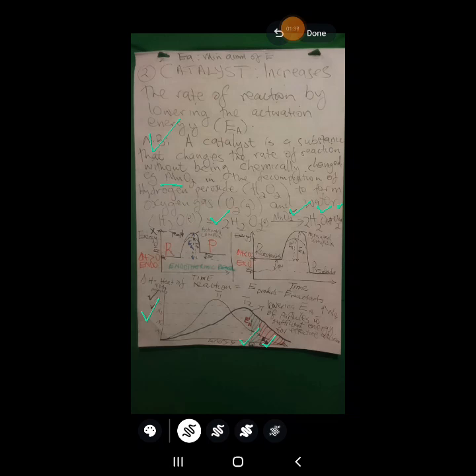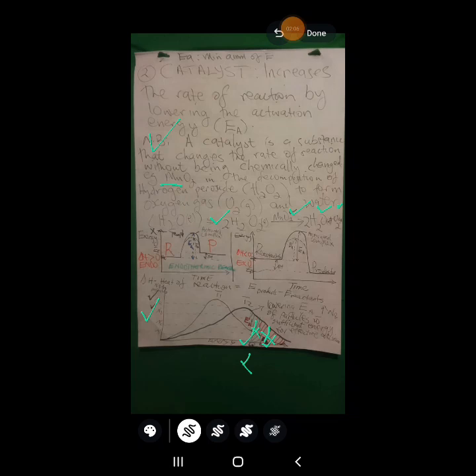Now you can see that when the activation energy is EA, the proportion of particles with the minimum amount of energy for effective collisions is represented by the red region there. But after we have lowered the activation energy to E'A, we can all see that the area increases by the green area there.